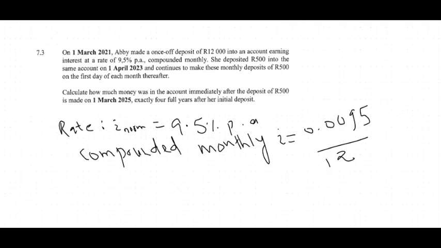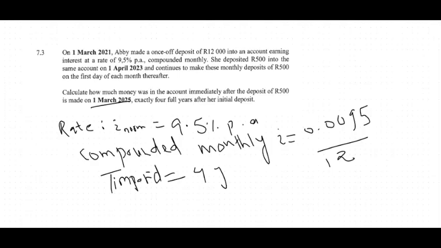Okay, and the time period is 4 years, as you can see, from 2021 to 2025.